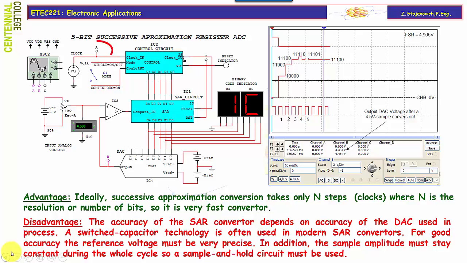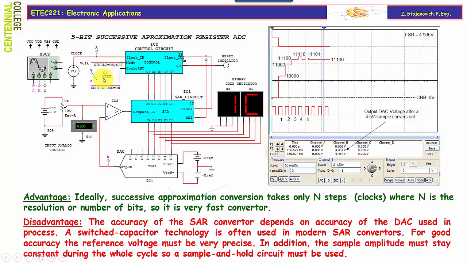Instruments are connected to monitor current clock execution, DAC voltage, and reset pulse upon completion of the conversion. I have also included a convenient switch, as you can see here, S1, called mode, which provides either single conversion or continuous conversion.